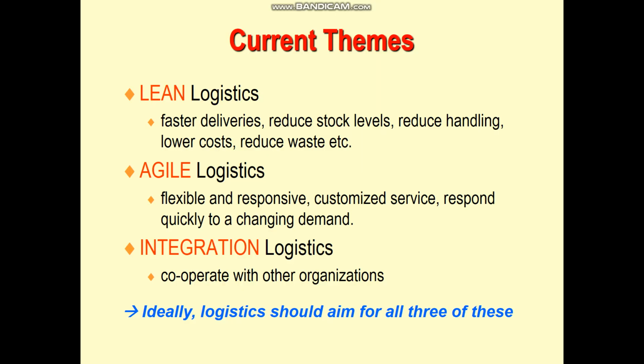For the current themes of logistics, we focus on lean logistics, that is faster delivery, reduced stock levels, reduced handling, lower cost, reduced waste, and so on. Make everything lean. The second one is agile logistics, that is flexible, responsive, customized service, and responding quickly to changing demand.